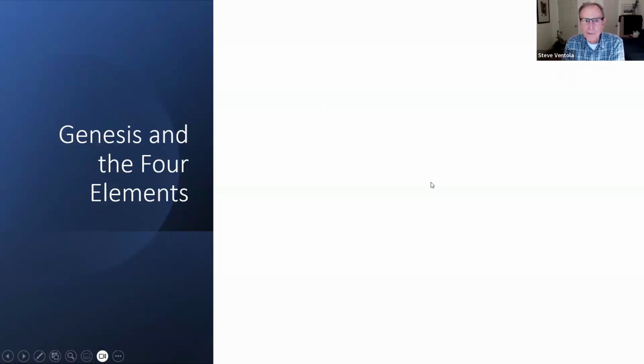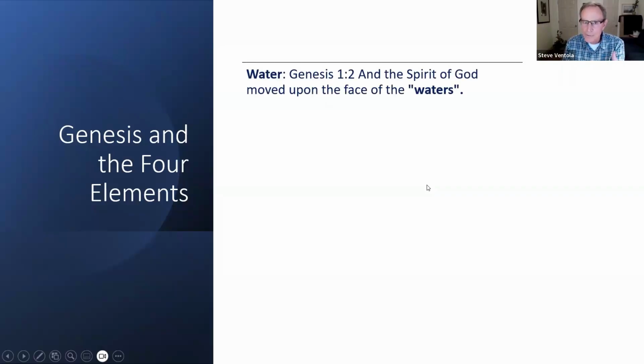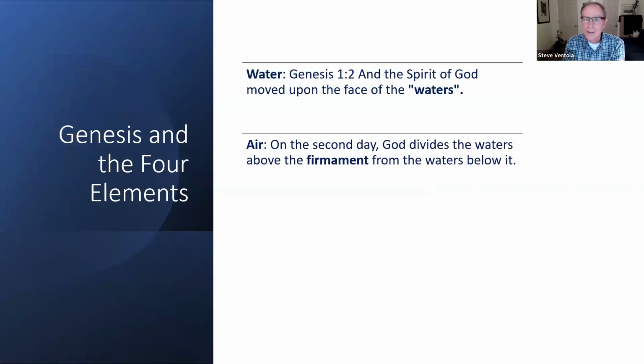So for an example, in the Bible, Genesis outlines the four elements. These are a bit paraphrased, but it begins with water: the Spirit of God moved upon the face of the waters. So water. Air on the second day: God divides the waters above the firmament from the waters below it.